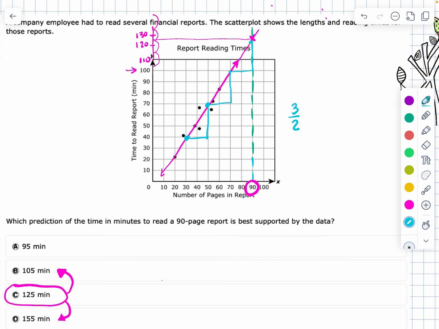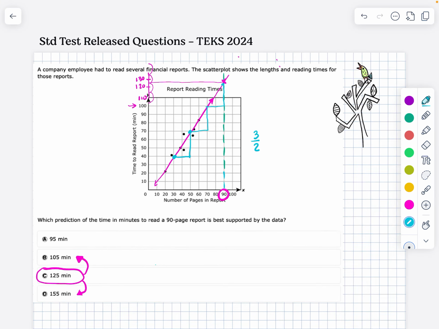You could also do proportions by picking two points and finding the difference between the x values and the y values, and then find a proportion with that difference. So there are different ways you can do it. This is my favorite. I like that it's visual, and it's pretty accurate.